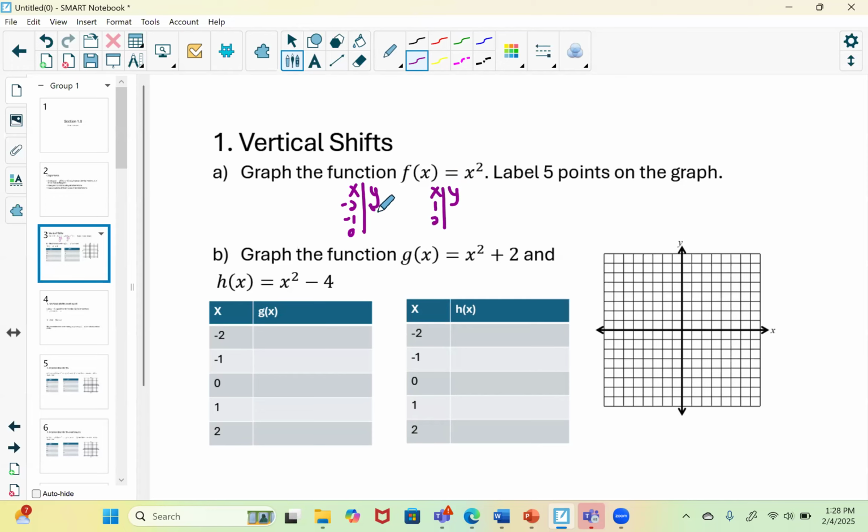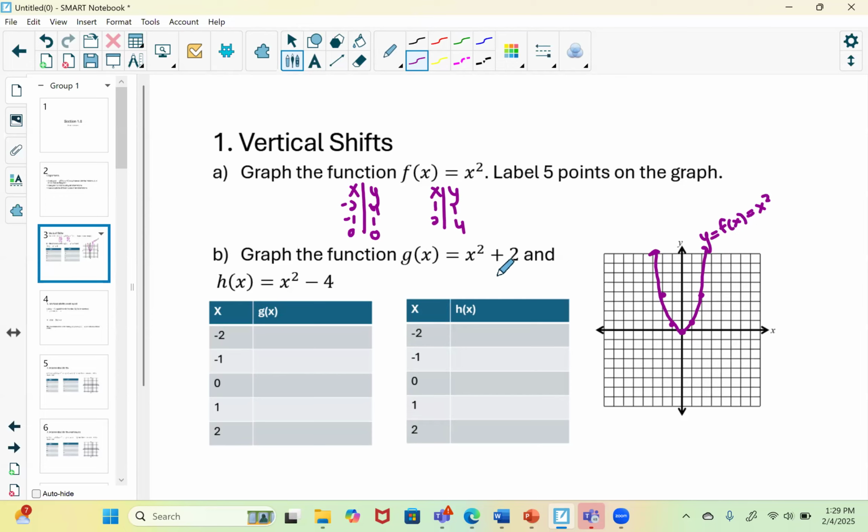You can always plug in your points, but it would be really beneficial if you know that on x squared, you always have the points (0, 0), (1, 1), (negative 1, 1), (2, 4), and (negative 2, 4). And then it makes this U. So this is our graph of y equals f of x, which is x squared.